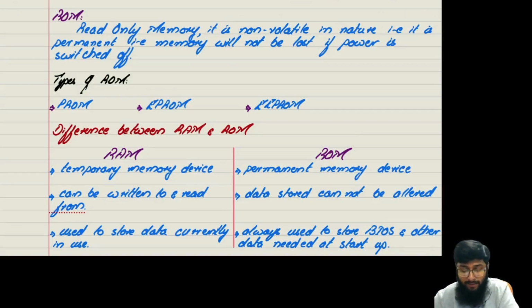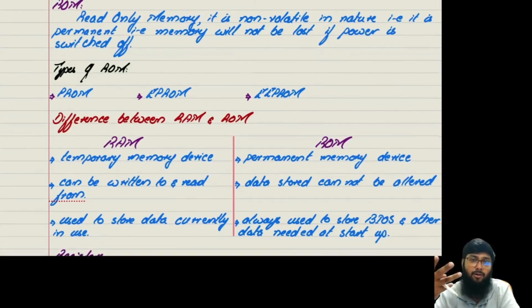Now when it comes to the types of ROM, we have three types: PROM, EPROM and EEPROM. It's not in the course outline to go into details about them.